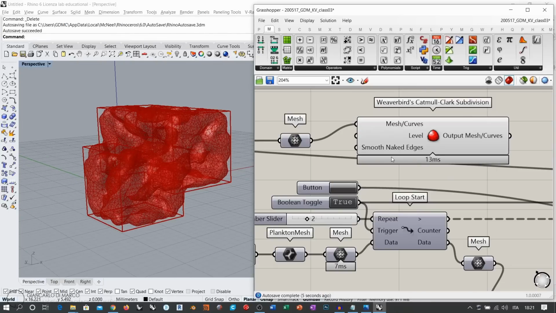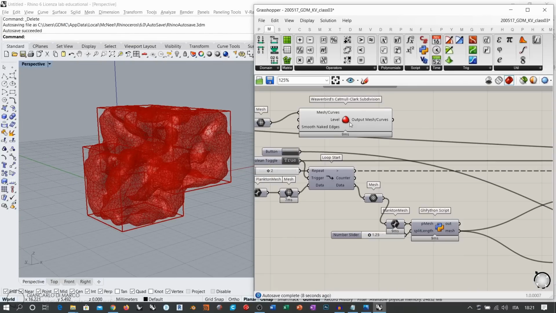One thing that I do recommend is that you see that this Catmull-Clark component is recalculating the mesh each x milliseconds. See? This is because even if the loop has reached the amount of iterations that we programmed, it is still emitting the same result.